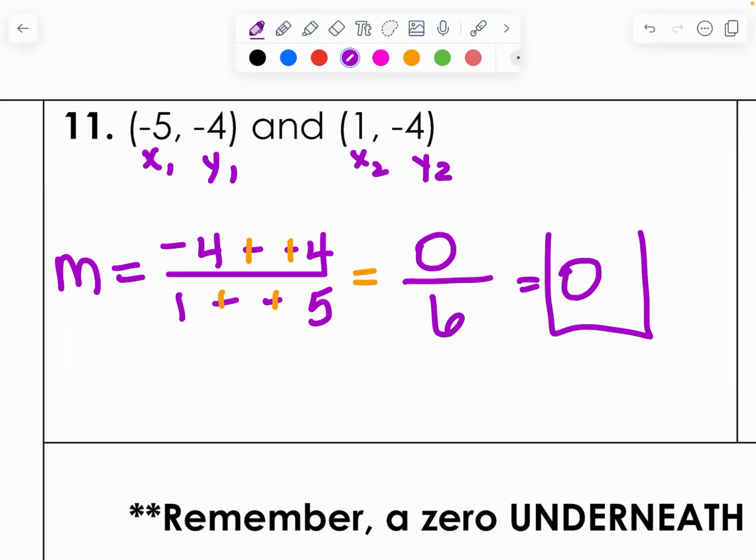Our slope is 0. What does our line look like? It's a horizontal line. Okay, it's a horizontal line. All lines are straight. And if you put this in your calculator because you just want to make sure, 0 divided by 6 will get you 0.